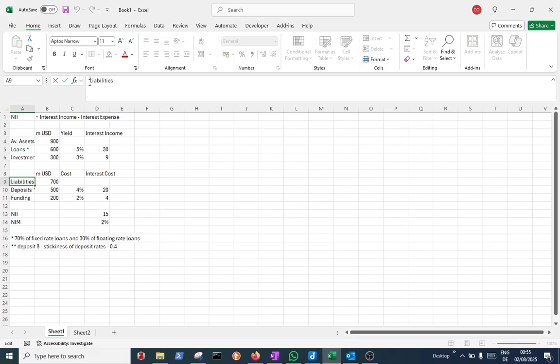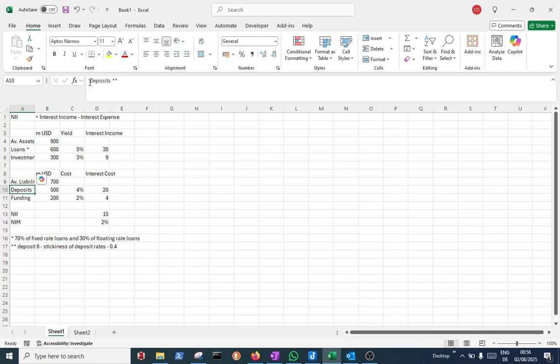By that I mean that we take the assets from period T, add the assets from period T minus 1, and divide it by 2 to get the average.